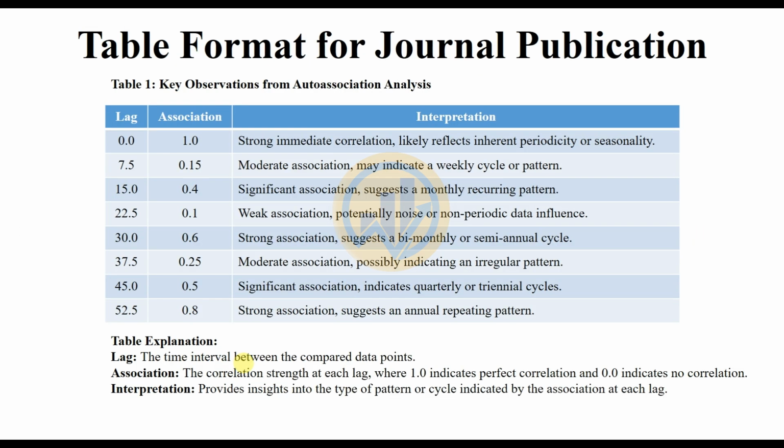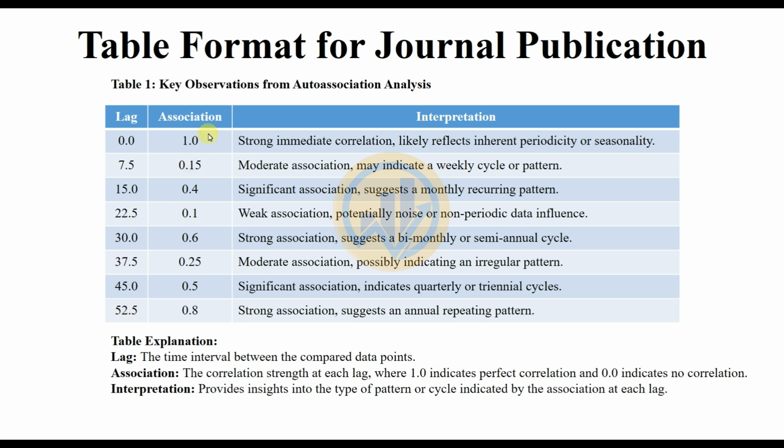Next, the table format for the autocorrelation graph. Table 1 shows the key observations from the autocorrelation analysis. The lag is the time interval between the compared data points, from 0 to 52.5.